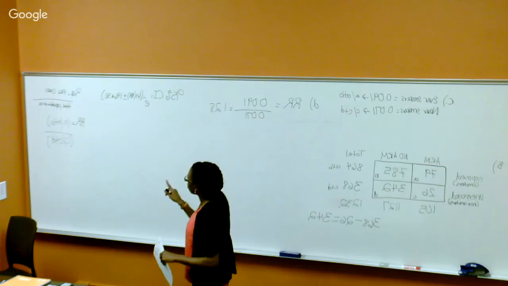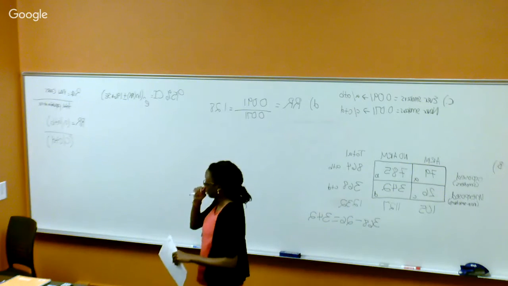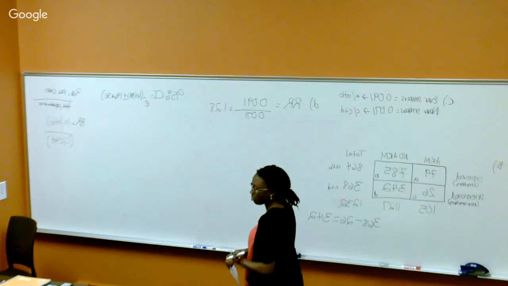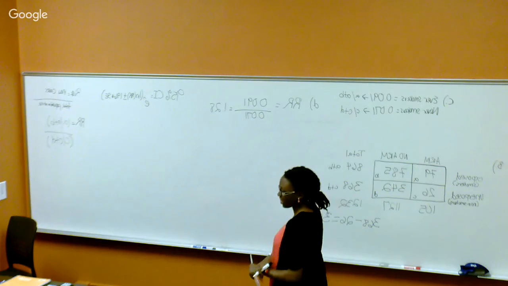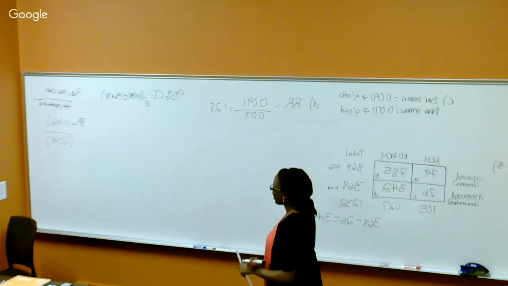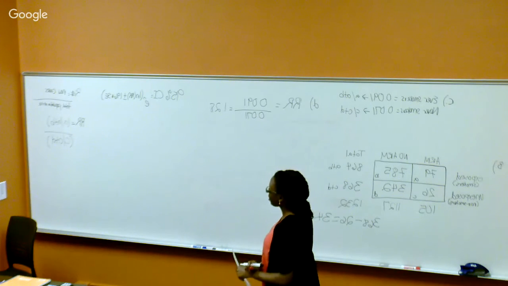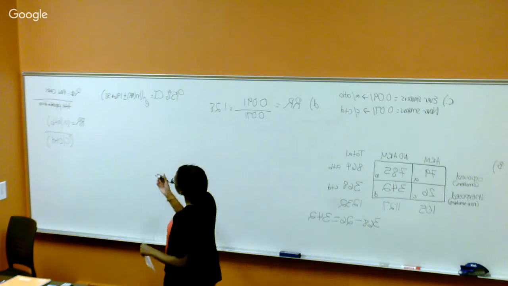So this is our formula. Which part do we need to do first? Well, we can plug in what we already have. Okay. So we have the relative risk, which is 1.28. Yes, so we can put that.